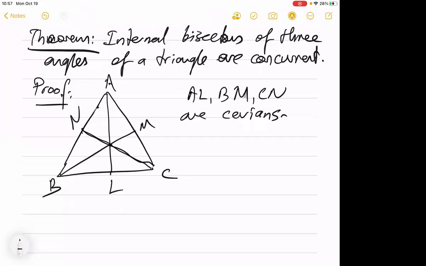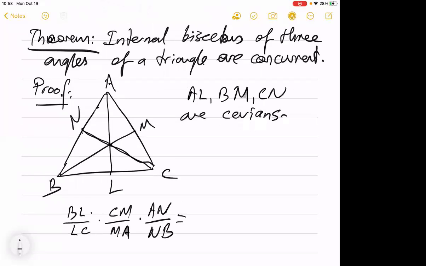Let's look at BL over LC times CM over MA times AN over NB.